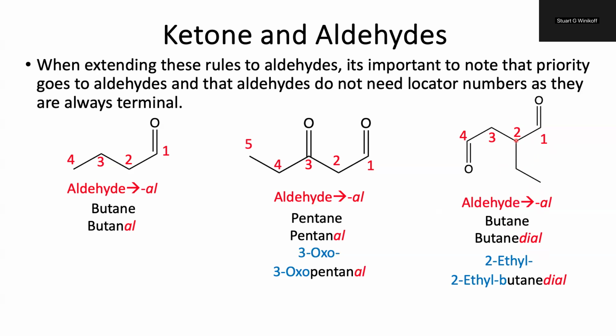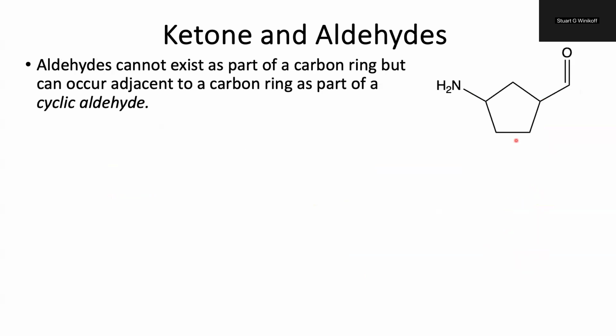All right, now, one of the big tricks working with these aldehydes is that aldehydes can't exist as part of a carbon ring, but they can exist adjacent to a carbon ring. So again, there's only 1 carbon on the side chain, so I'm not going to just have a principal carbon chain of 1. So instead, we call this a cyclic aldehyde.